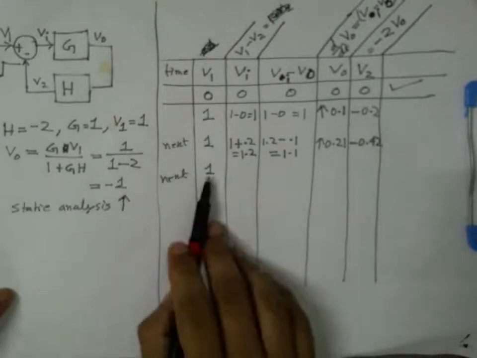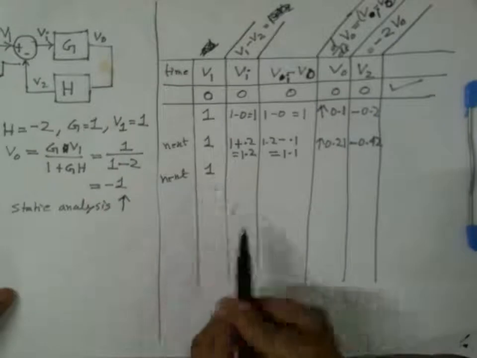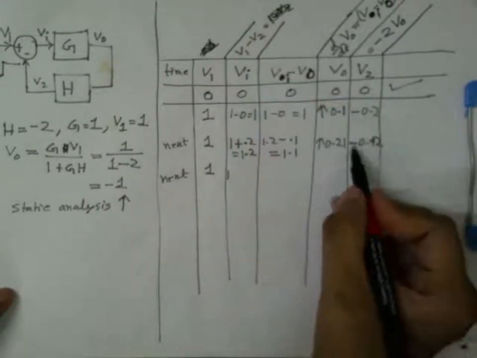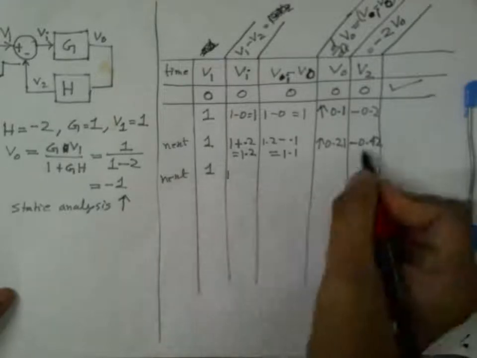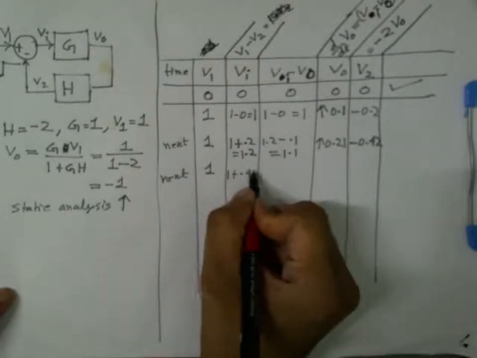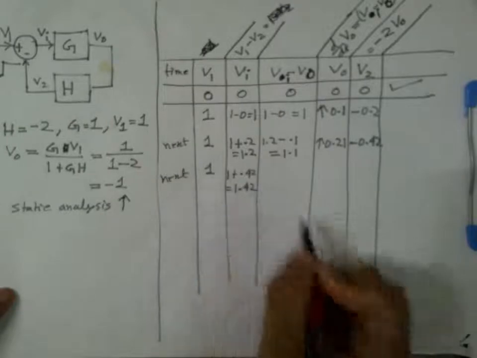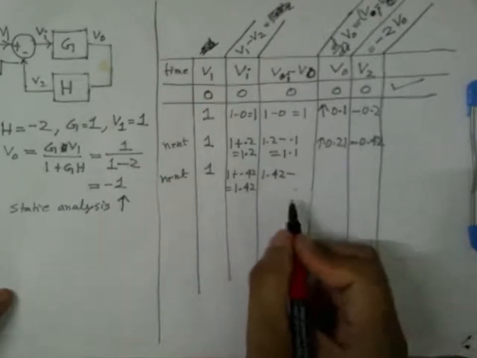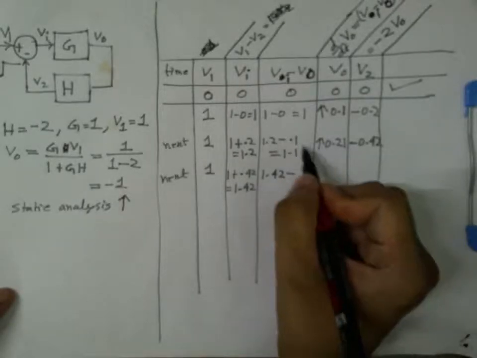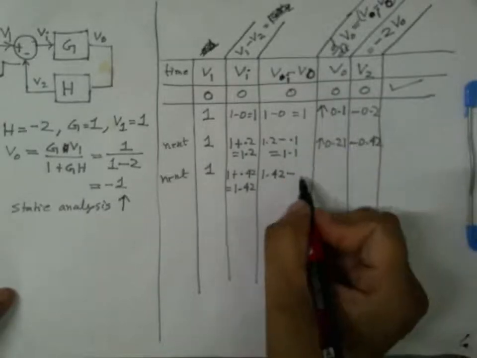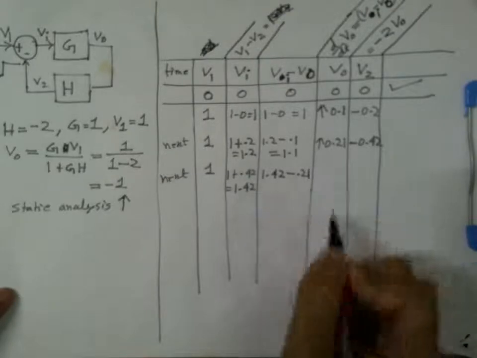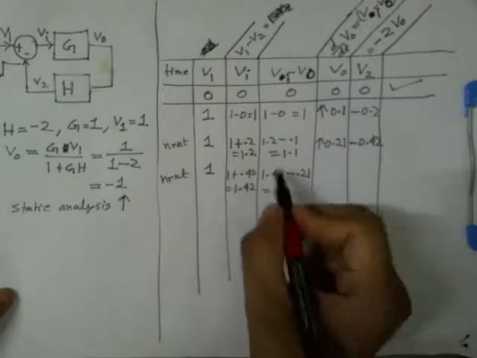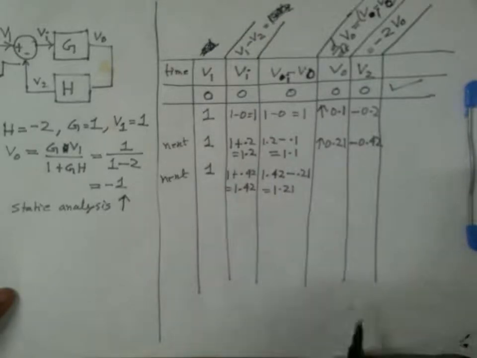Here you see that this is 1 constant, so V1 will be 1 minus V2, that means plus 0.42, this is 1.42. So this will be 1.42 minus this value V0, which is 0.21. So this will become something like, if my calculations are correct, 1.21.